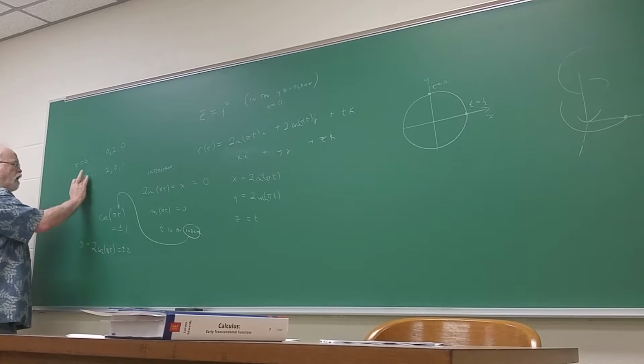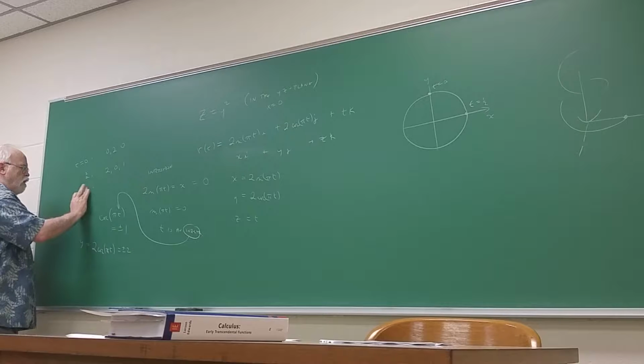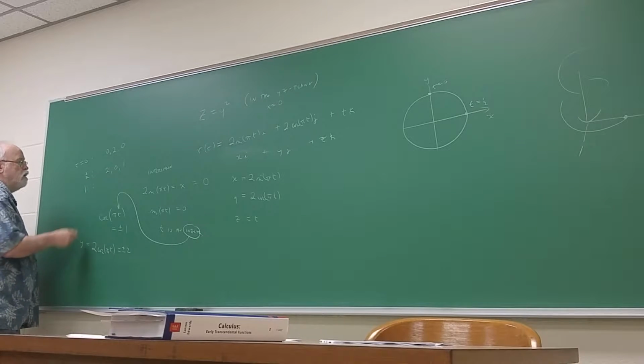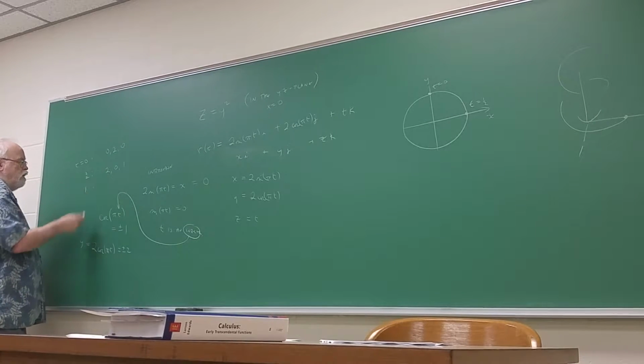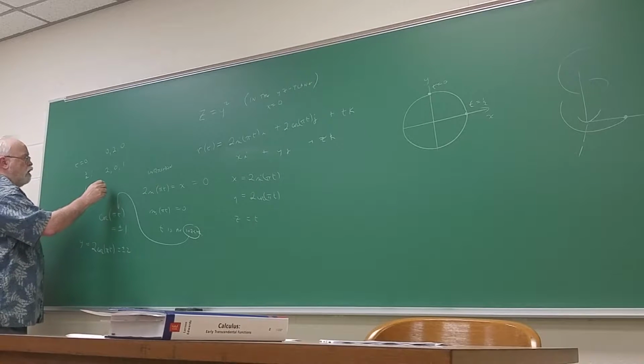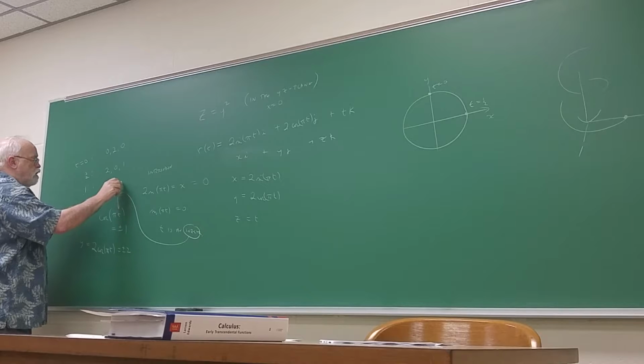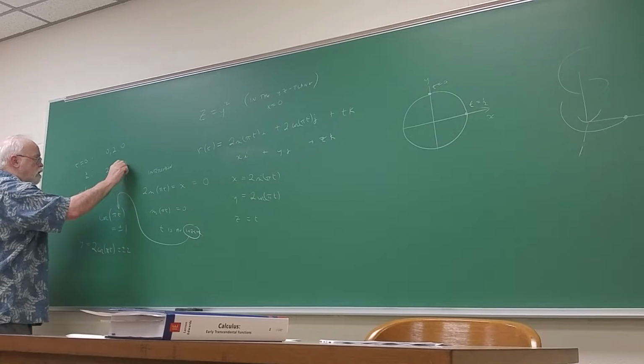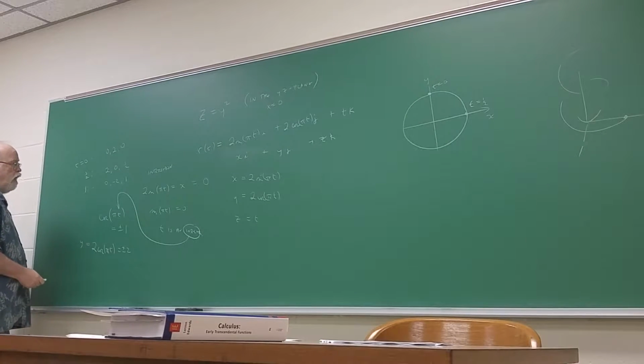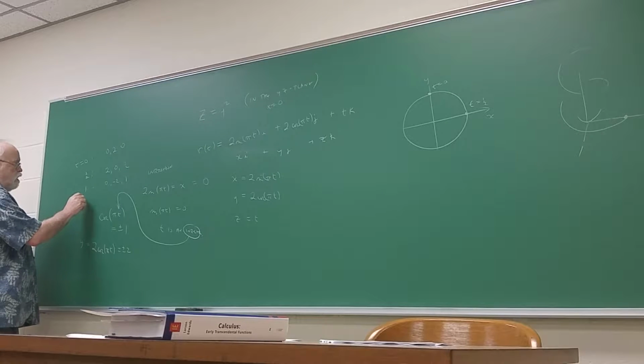I'm sorry, halves. So this is for pi over 2. And at 1, we're going to get the minus 1, minus 2 here, and this is 0, and this is going to be 1.